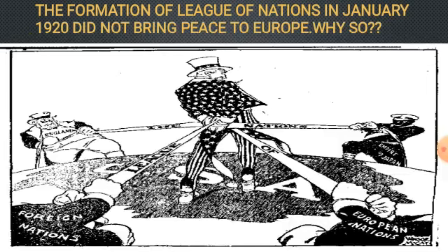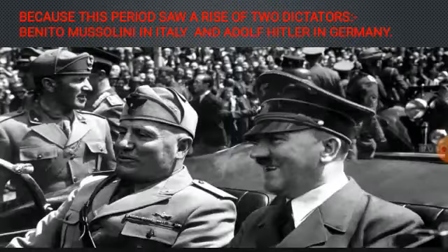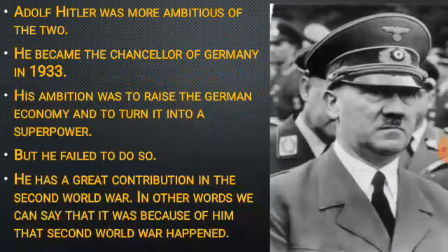You know, the formation of the League of Nations in January 1920 did not bring peace to Europe. Why so? Because this period saw the rise of two dictators, Benito Mussolini in Italy and Adolf Hitler in Germany.